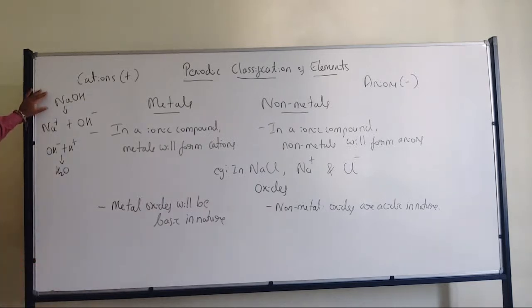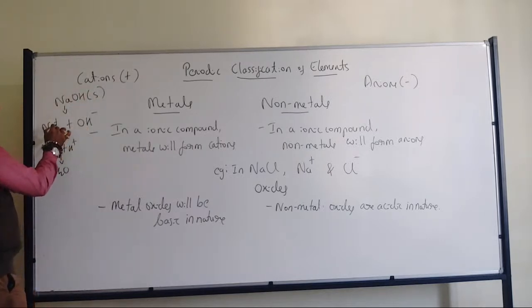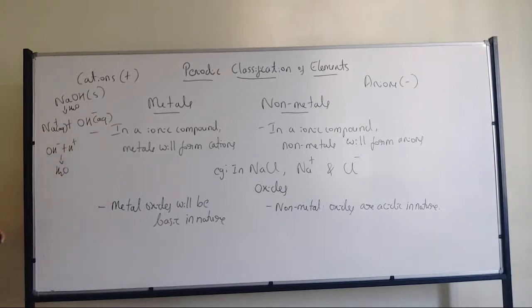Now when it is added to water, naturally it's going to dissolve. Sodium hydroxide, which was solid in nature, when you add it to the water, will get dissociated as Na plus and OH minus. That's why it is dissolved, aqueous.